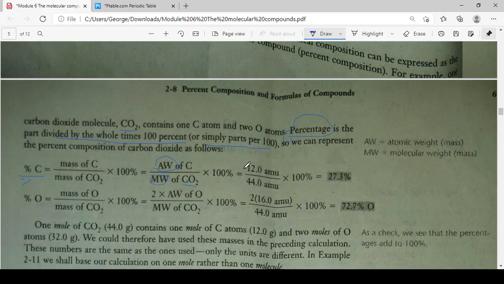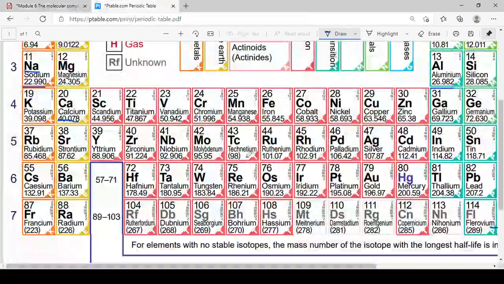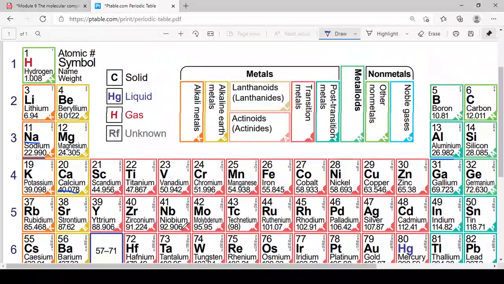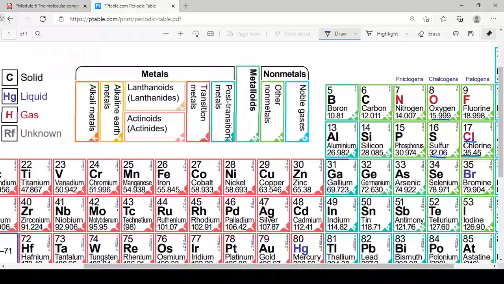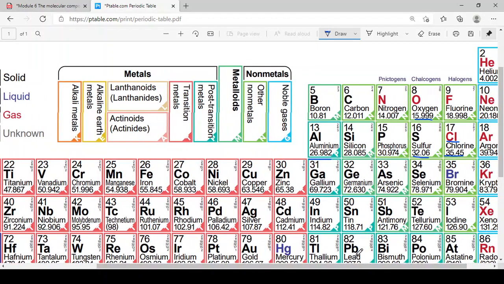We are getting the atomic weight of your carbon from your periodic table. Your atomic mass unit is equivalent to your atomic weight and your formula weight, and we add them in order to get your formula weights and molecular weight. So again, these weights are all the same.